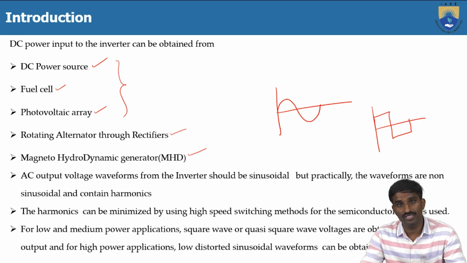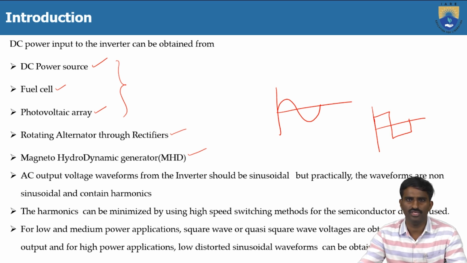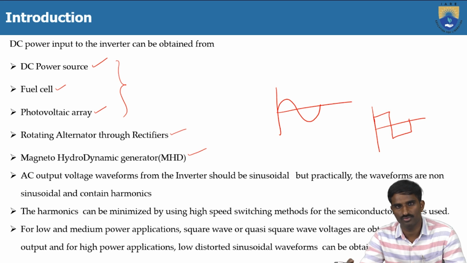And how can we minimize these harmonics? These harmonics can be minimized by using high speed switching methods for the semiconductor devices used. Inverters are also made up of power semiconductor devices, and the operation of the inverter is just operating these power semiconductor devices, which means switching them on and off.